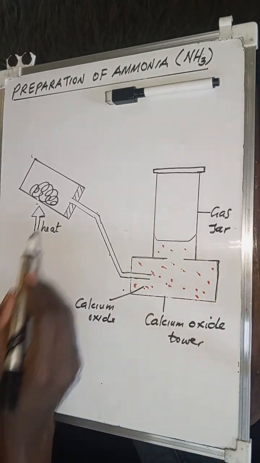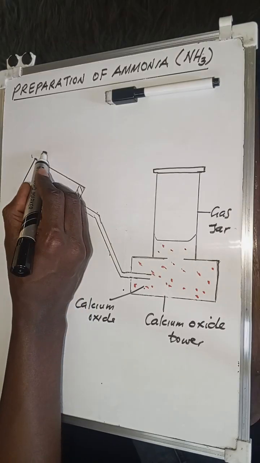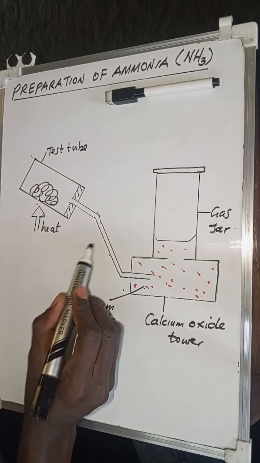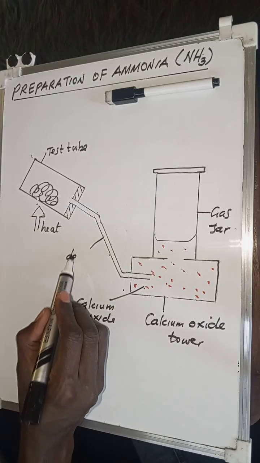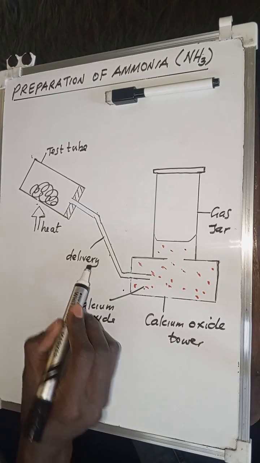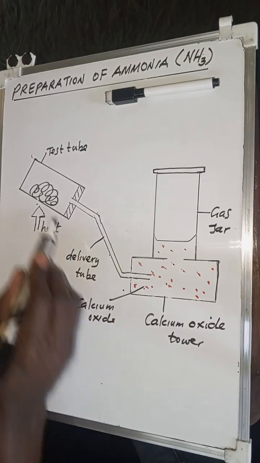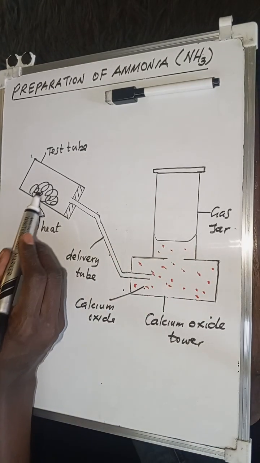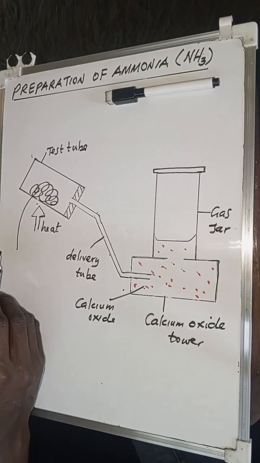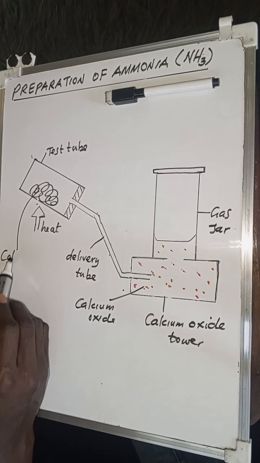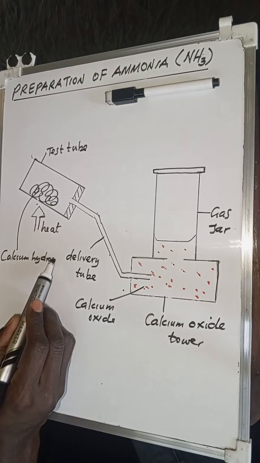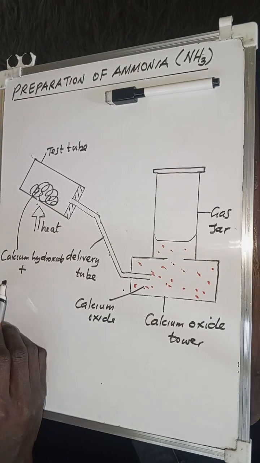Okay. So then in this case we also have a test tube. This, as usual, is representing our delivery tube, delivering the gas into this calcium oxide tower. Then there, you do have a mixture. So that is a mixture of calcium hydroxide plus ammonium chloride.